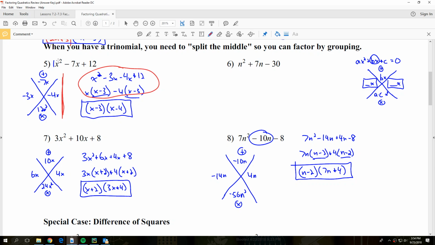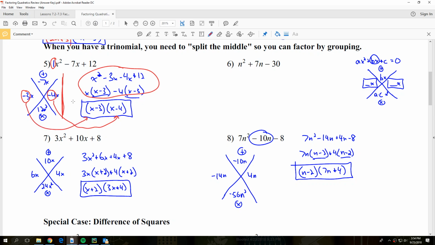And that is because there is a 1 in front of the x squared, or nothing. There's technically nothing in front. But whenever you have nothing in front of the x squared, or it's just a 1, then when you do the x method, once you find the two numbers, this was negative 3 and negative 4, I want you to notice that these correspond with x minus 4 and x minus 3.